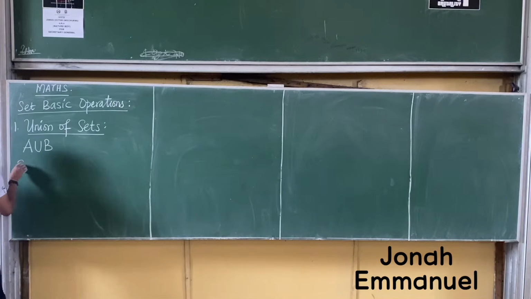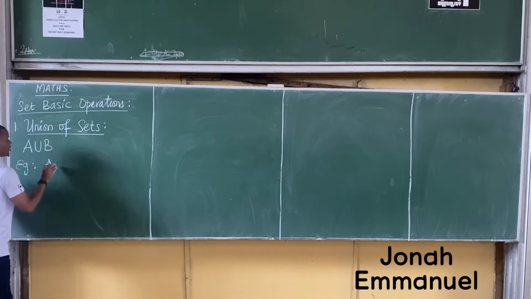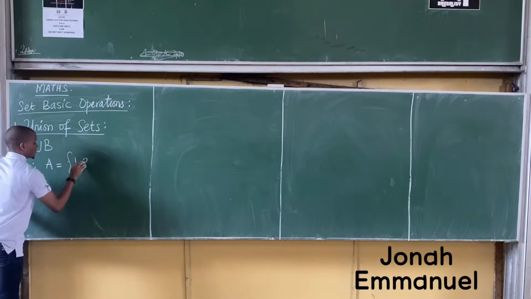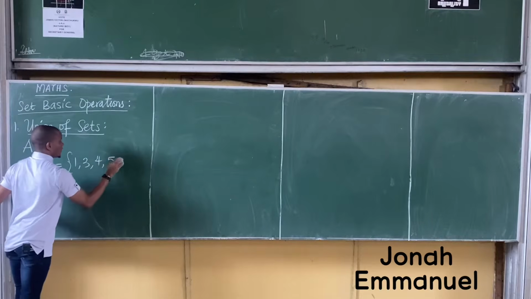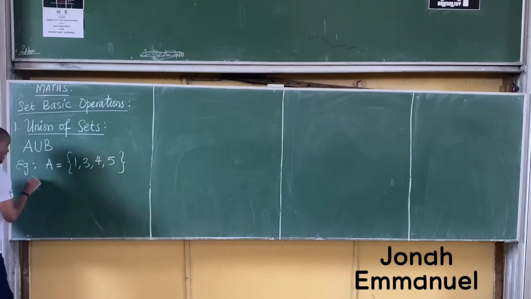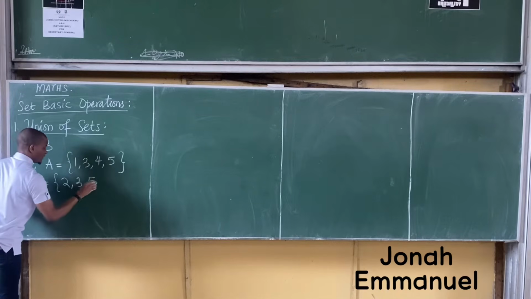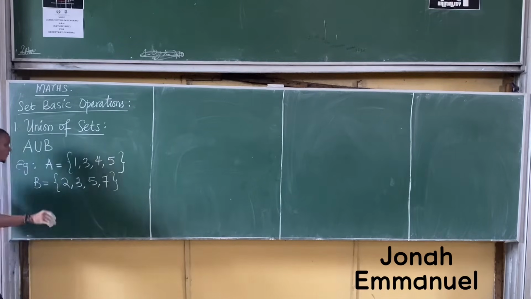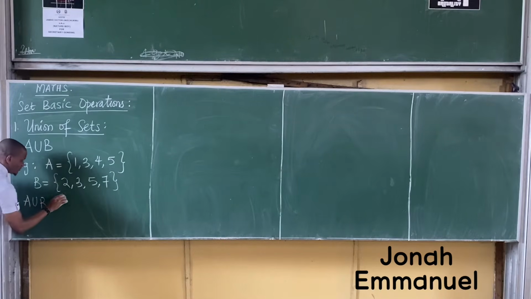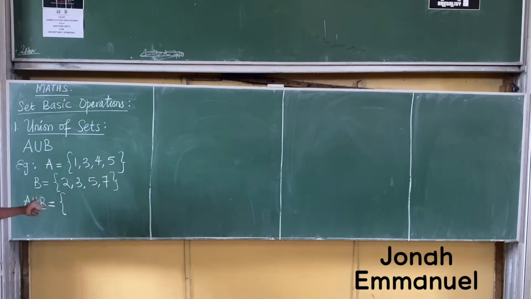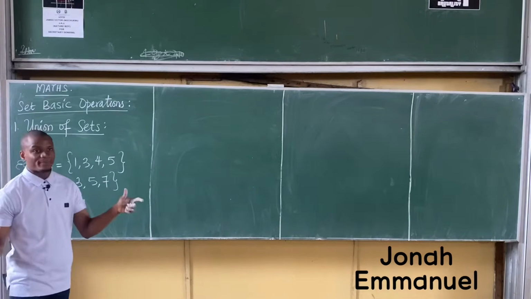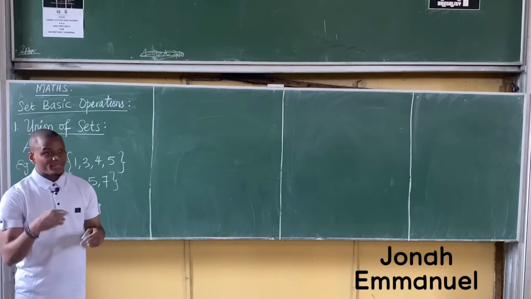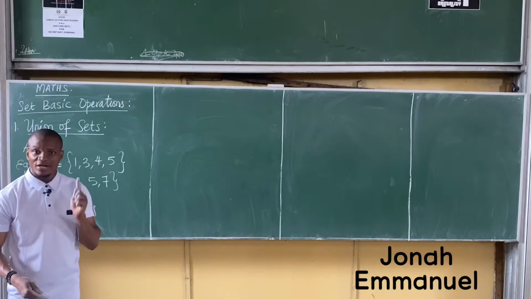For example, let's say A is equal to 1, 3, 4, 5 and B is equal to 2, 3, 5, 7. What's A union B? I'm combining all the elements in A and B. If there is one that's repeated, I will not repeat it. That's how we said without repetition.